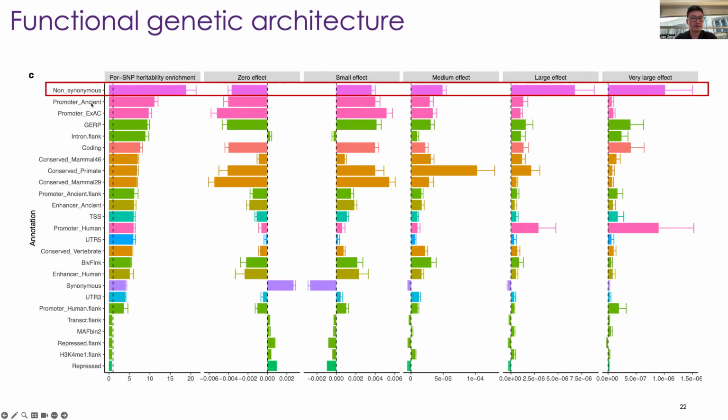For example, for the non-synonymous variants, which show the highest heritability enrichment, we found that most of the enrichment comes from the SNPs with large effects, indicating there is a large-effect genetic architecture specific to the non-synonymous variants.